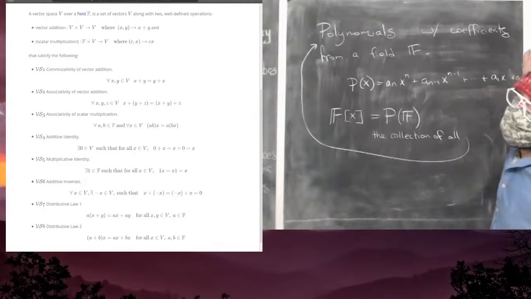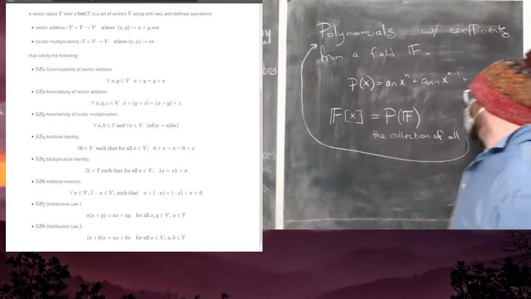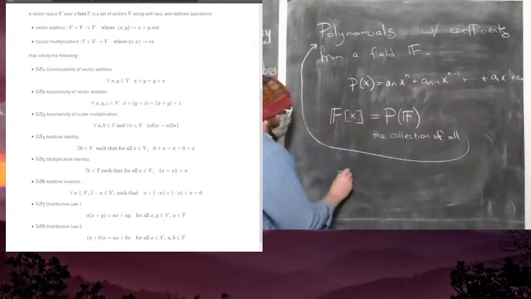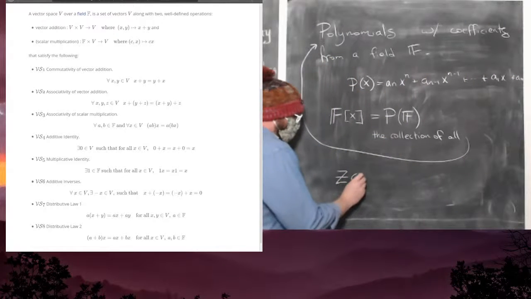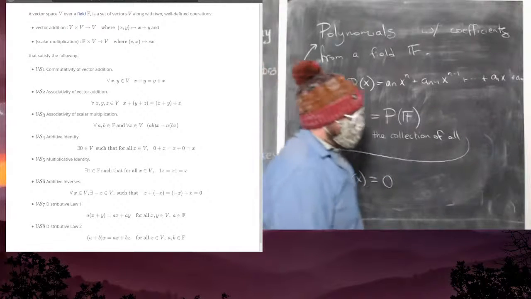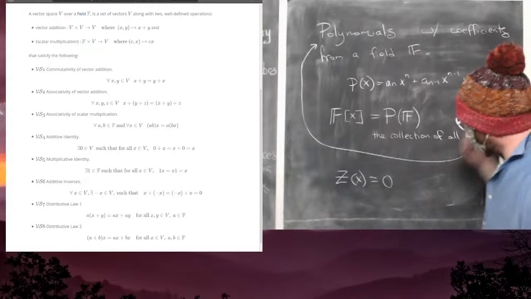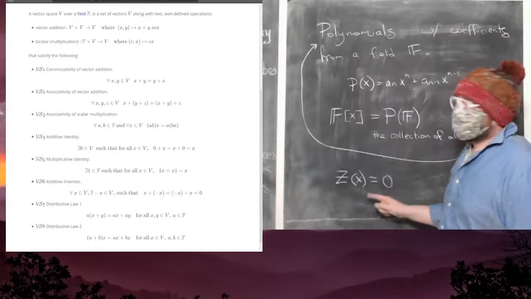What do you think the 0 polynomial is? Oh, shoot, I just gave it away. The 0 polynomial, let's call it Z, is just 0, right? Because remember, polynomials include constants. So all the constant functions are considered polynomials, and one of those constant functions is the 0 function.